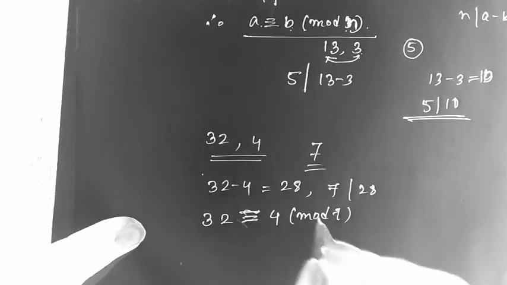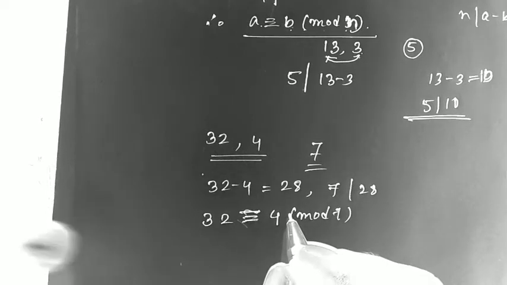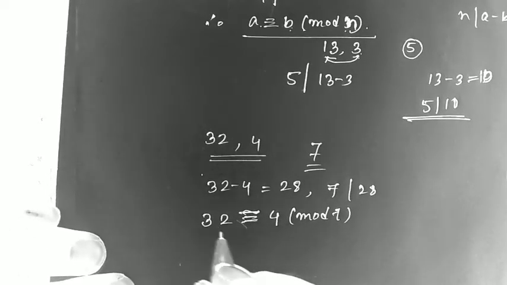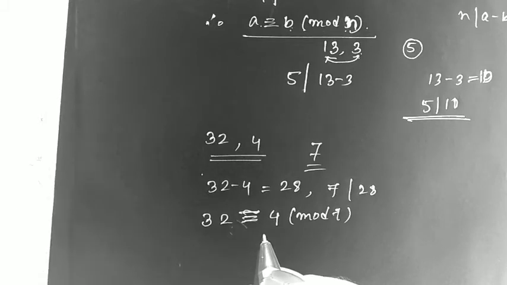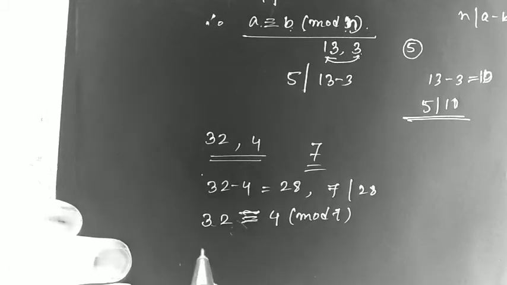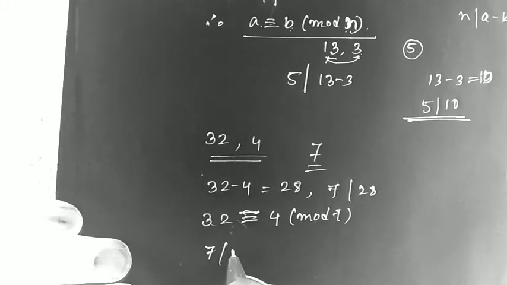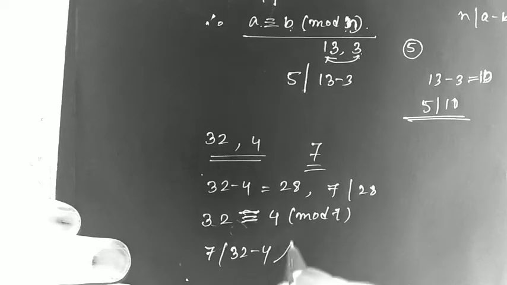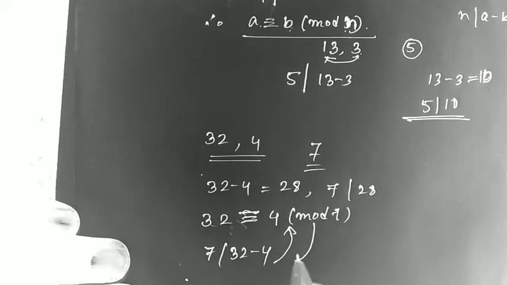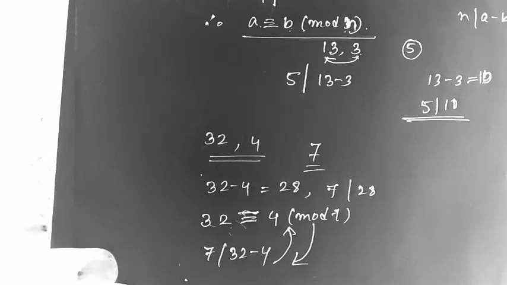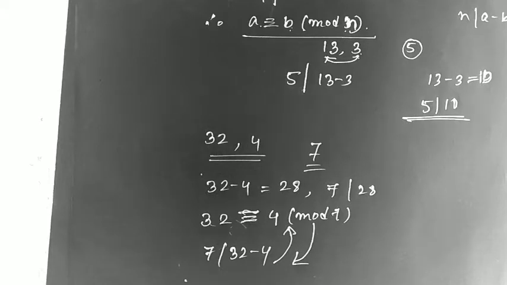Mod 7 means divisible by 7. From this line we can write the reverse: 7 divides 32 minus 4. This line can be written in this way and that line in that way. So this is the concept of modulo.